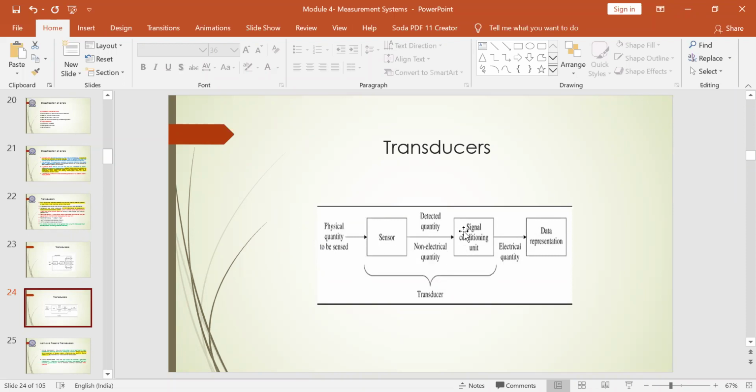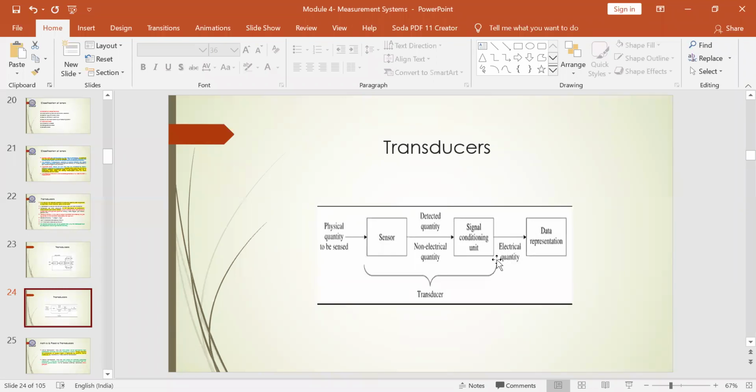After that, what you receive is a non-electrical quantity. It could be some physical quantity which is sensed, and this will be converted into an electrical quantity after it passes through the modifying unit, because here you will have a signal conditioning unit, which converts the non-electrical quantity sensed by the sensor into an electrical quantity. It is called a modifier, the intermediate stage in a transducer.